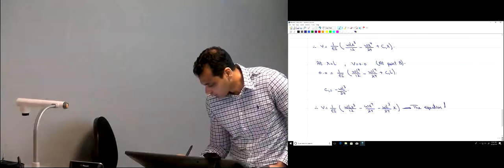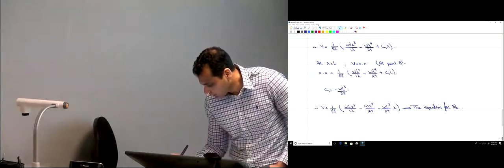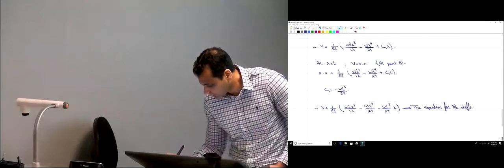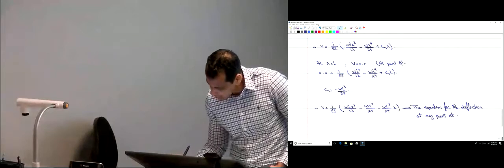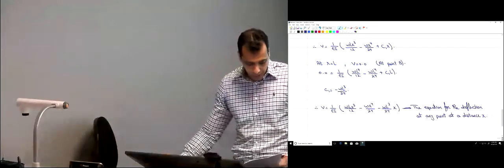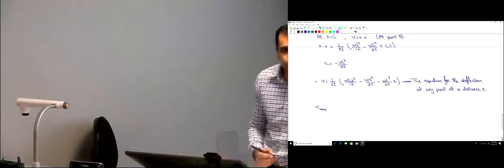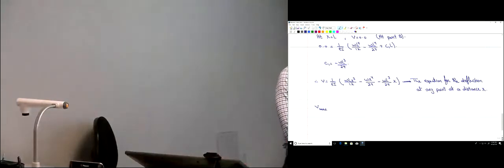The equation for the deflection at any point at a distance x. Now we would like to find V maximum, the maximum deflection. Where is the maximum deflection?